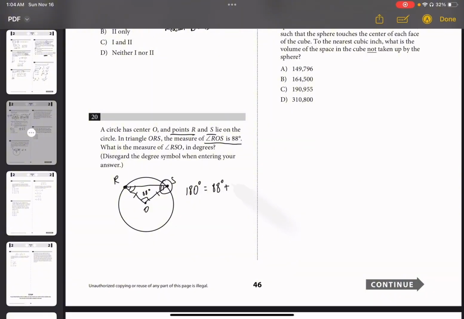So 88 degrees plus 2 of our same unknown angles will add up to 180. So subtracting 88 from 180, we get 92. It's equal to 2x. So we get x is equal to 46 degrees.